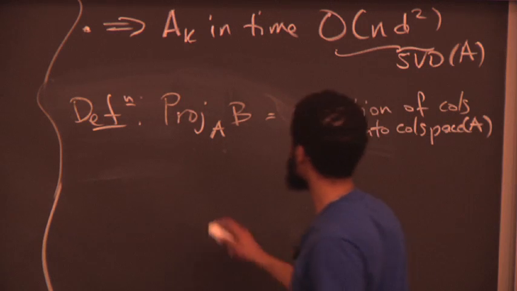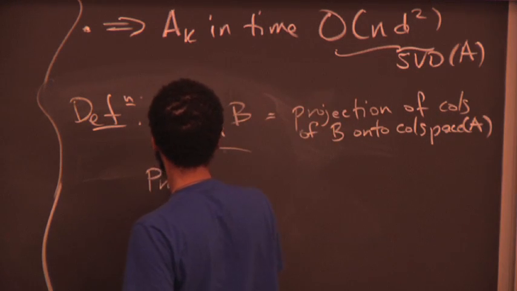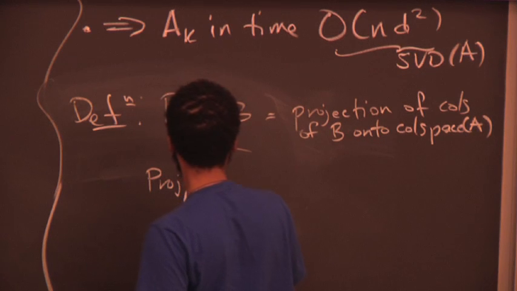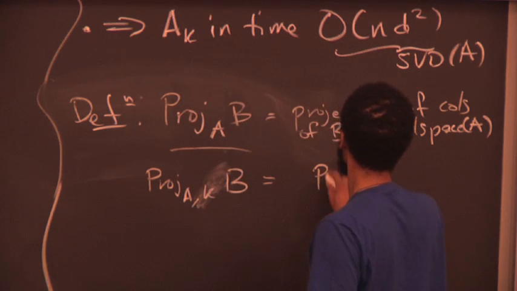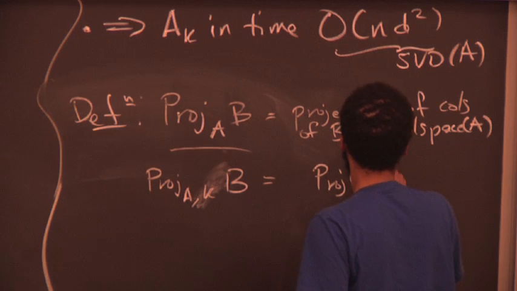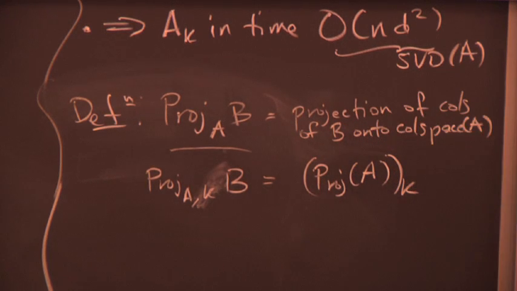And then also proj_{A,k}(B) is just proj_A, k, I mean the best rank k approximation. So in general, whenever I put a k on the outside of a matrix, I mean the best rank k approximation, at least for the rest of this proof.